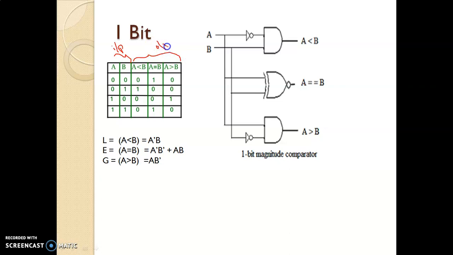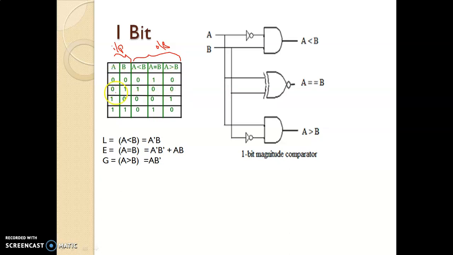Since the input consists of two variables, the possible combinations of inputs are four. You'll have four entries: 0 0, 0 1, 1 0, and 1 1. What happens when A and B are both zeros? A is equal to B, isn't it? So your A equal to B pin has to be 1, and the others have to be 0. A less than B is 0, A greater than B is 0.